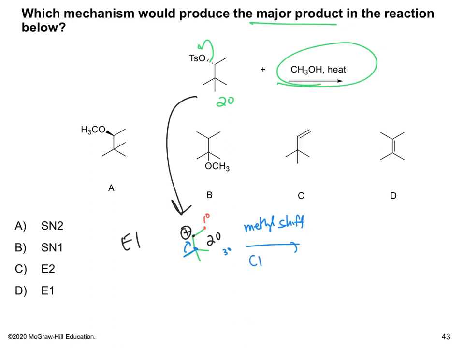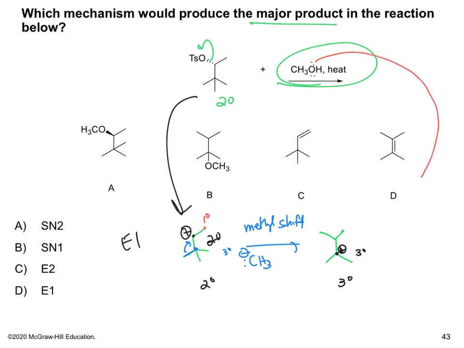And what happens is that CH3 actually takes its electrons and brings a whole methyl group. Why would a methyl group do that? That's how much more stable it is. So now the methyl group's there and the carbocation changed places. So now we have a tertiary. So we switched from a secondary to a tertiary. And now we have our nucleophile coming in, our weak nucleophile. Oh, I'm sorry.